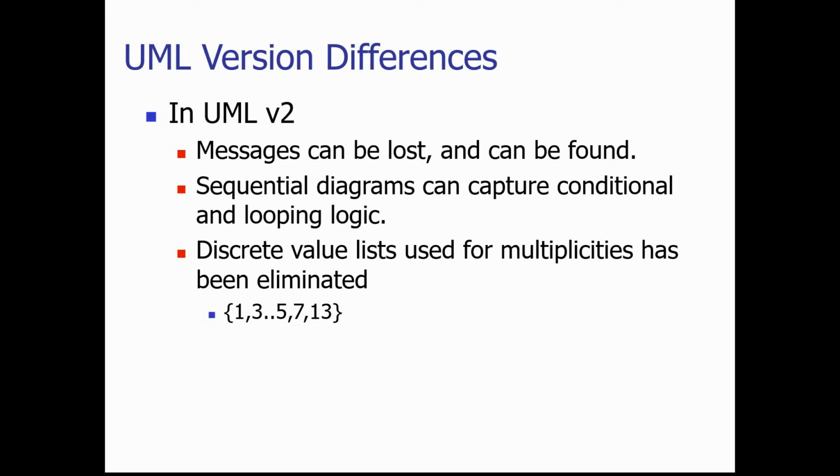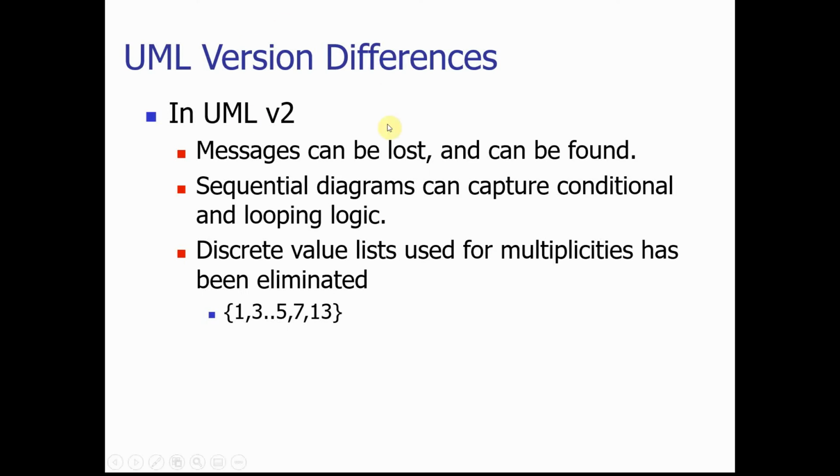So when you minimize the coupling, we try to decouple the sender and the receiver. In many cases, the receiver just takes the request, but may not care who sent the request. So from that point of view, the message can be found, which means there's an unknown sender.